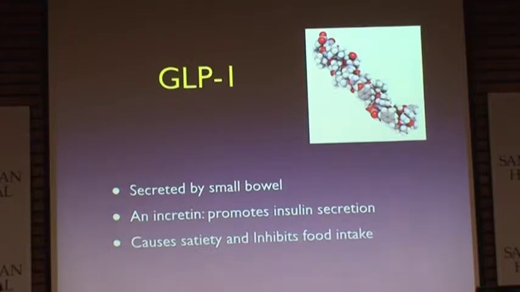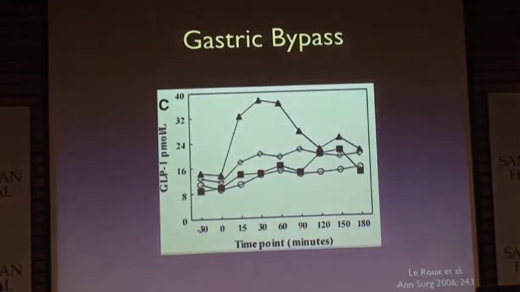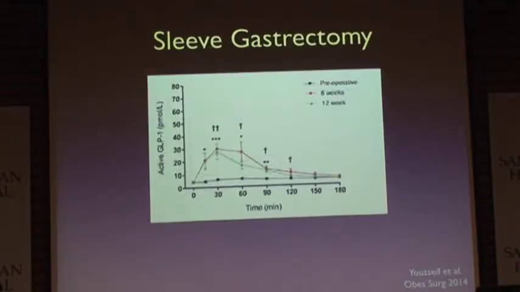And this now explains years later what was happening back then: it's through GLP-1, a very potent incretin, a hormone that works along with insulin, and it promotes insulin secretion, and obviously it helps with blood sugar. So you get a big bump in GLP-1 after both of these operations, which explains again how diabetes improves.